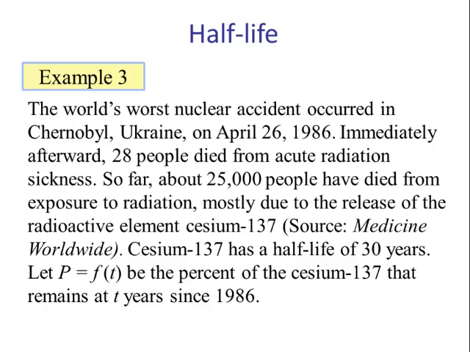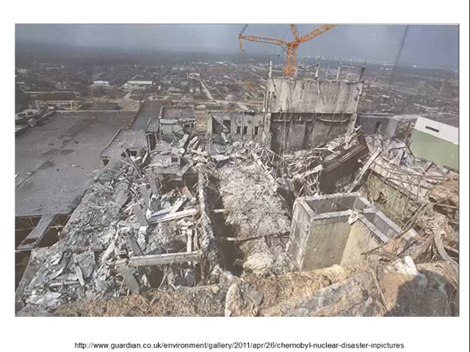Cesium-137 has a half-life of 30 years. Let P equal F of T be the percent of the cesium-137 that remains T years after 1986. This is a picture of the plant at Chernobyl.